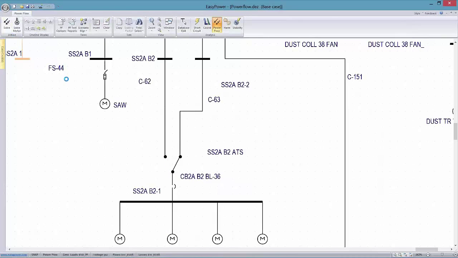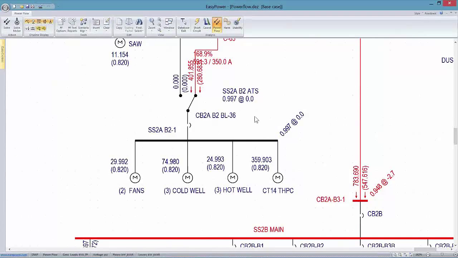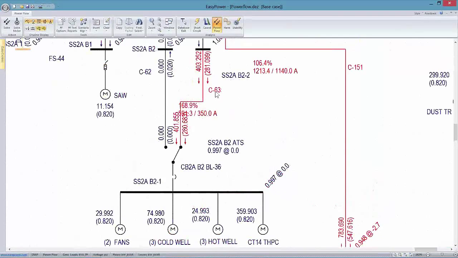So now as we solve it, we can see that if all these motors are running at 100%, we have a potential for overstressing this cable by almost 50 or 100%.